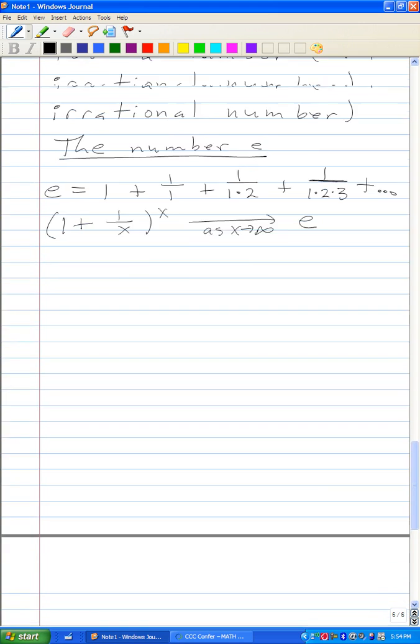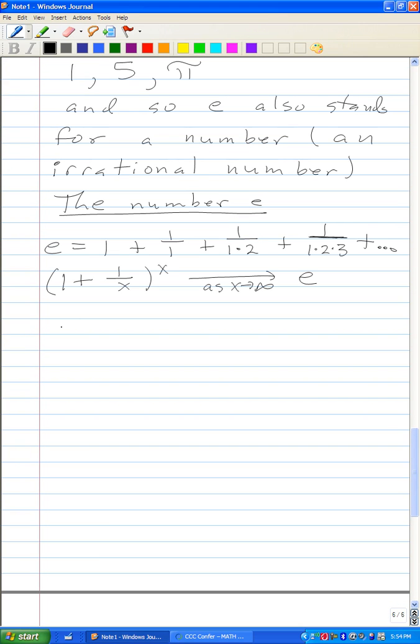Similarly, if you take the xth root of x, this also becomes very close to the number e.